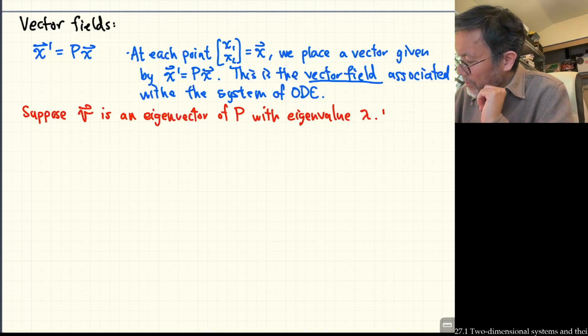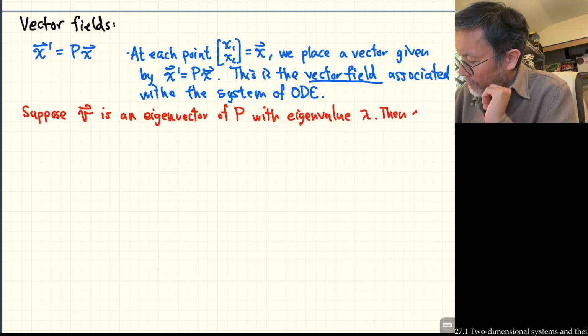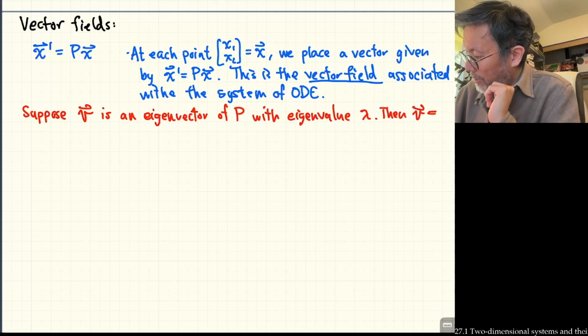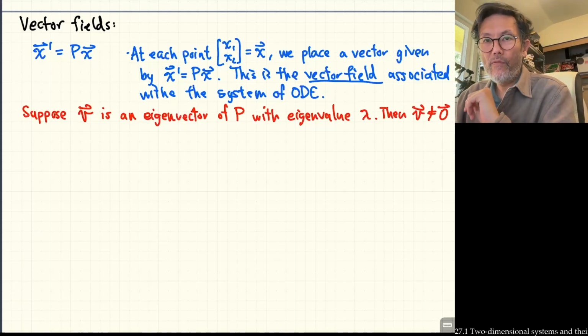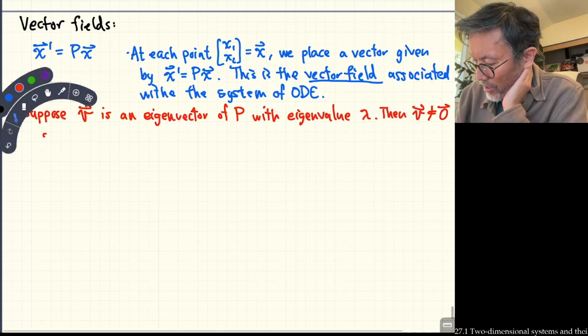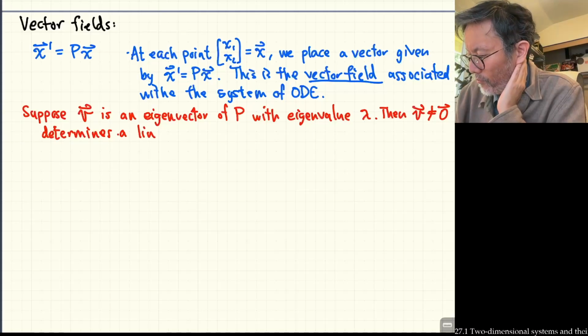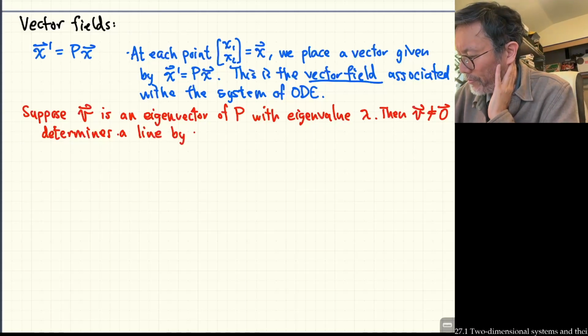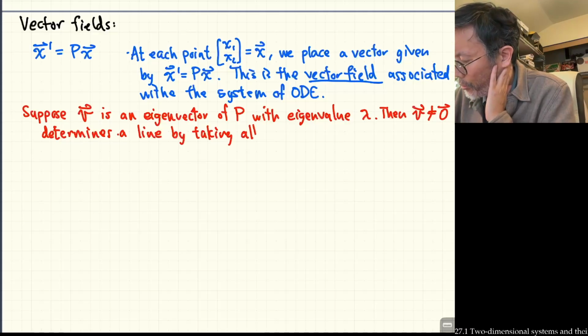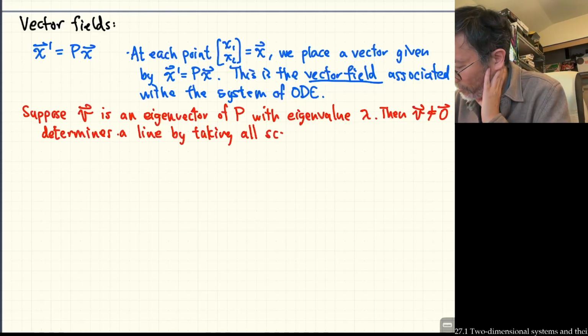Then v, which is not zero, and I'm going to emphasize that here, v is not the zero vector, determines a line by taking all scalar multiples of v. I'll show you what I mean by this in just a moment.